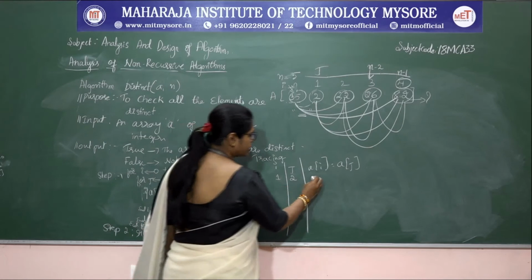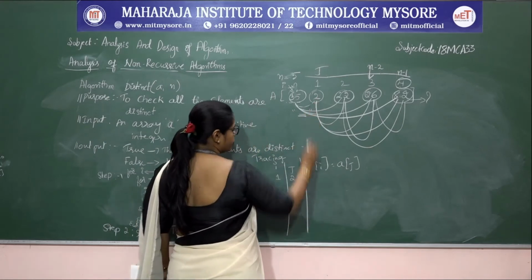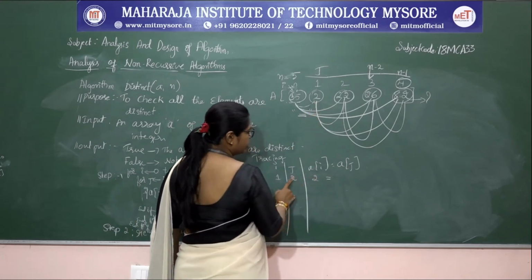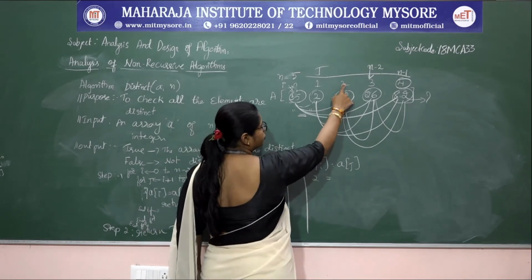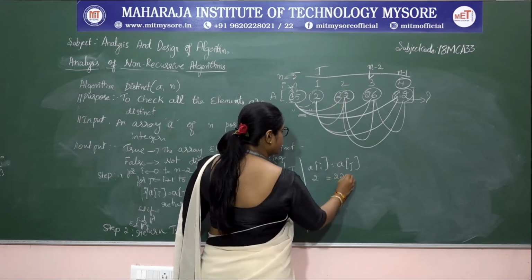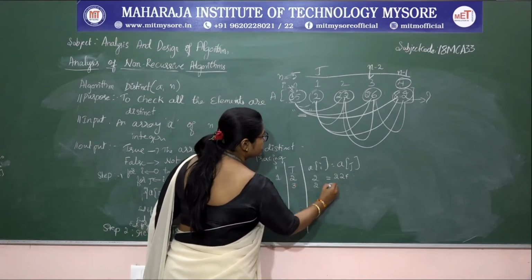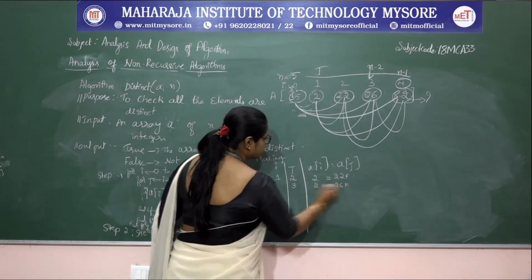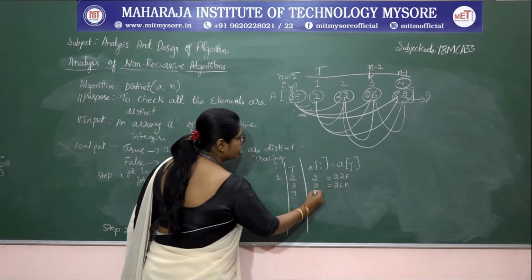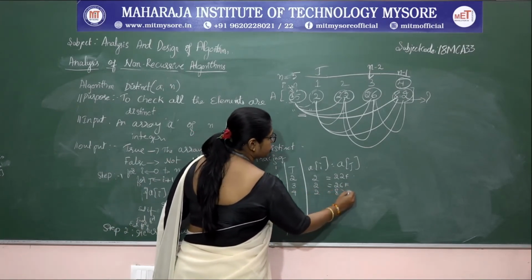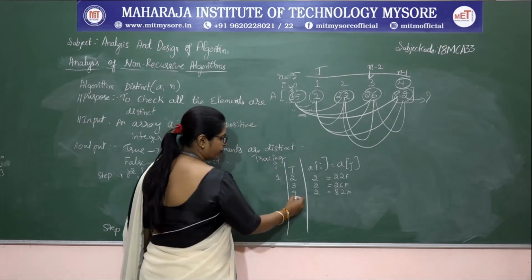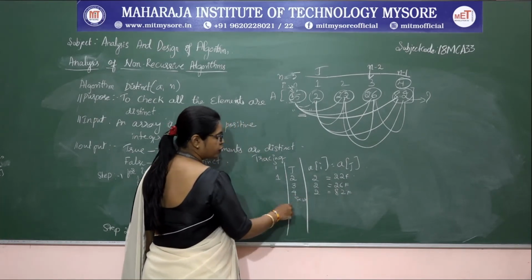In the first position we have 2. 2 is equal to a of j, that is a of 2, which is 22. This is false. j gets incremented, that is 2 is equal to 26, false. Next j gets incremented to 4, 2 is equal to 82, false. 5 less than 5 is false, it will come out of the loop.